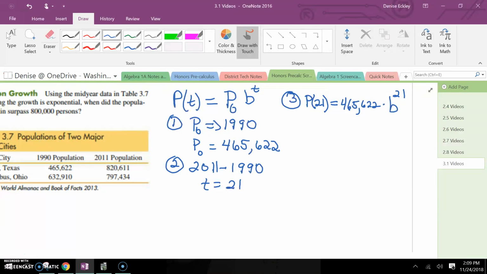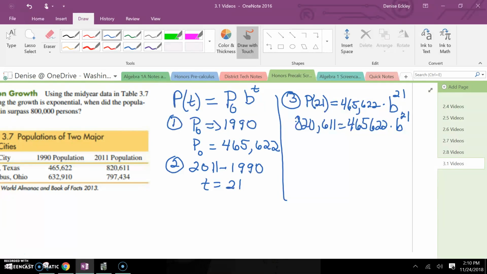So in year 2011, we have 820,611 people is equal to 465,622 times B to the 21st power.